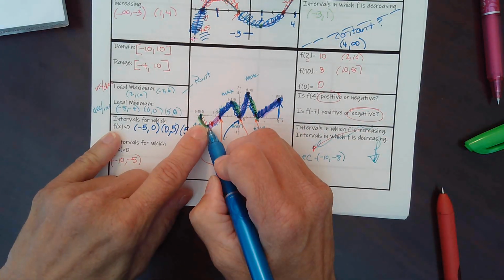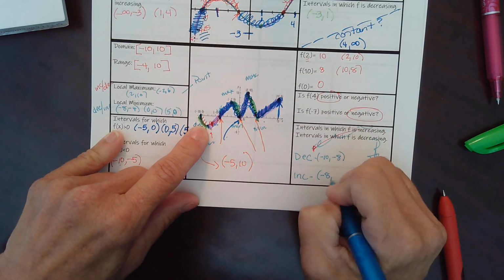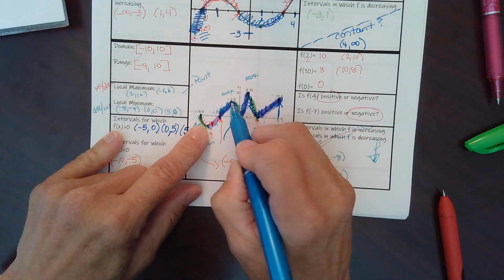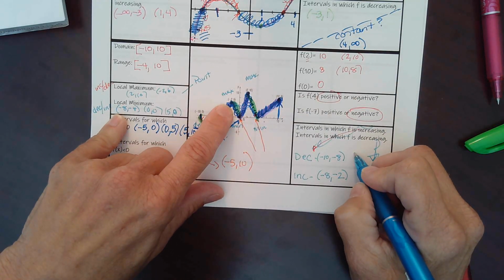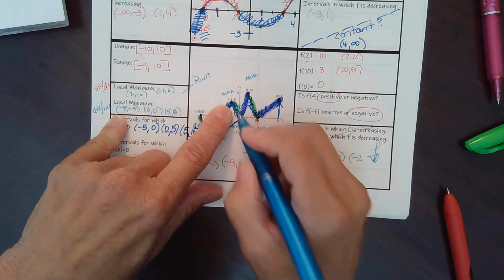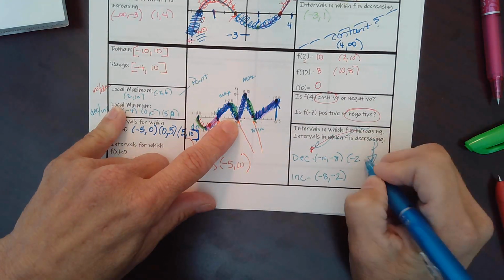At -8, the function increases, so from -8 to -2. At -2, the function begins decreasing again, and it decreases until it reaches 0.